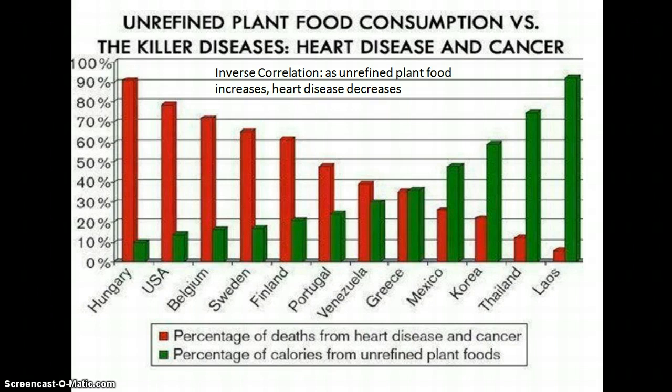And yes, using the scientific method, we can identify cause and effect relationships. We can identify mechanisms by which increasing unrefined plant foods decreases the likelihood of getting heart disease.